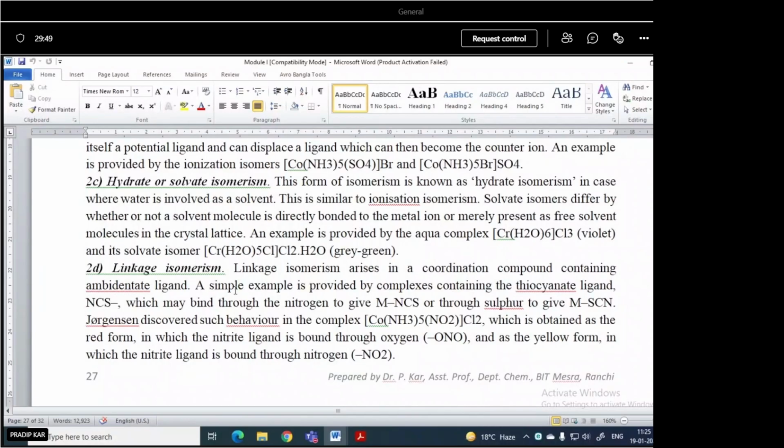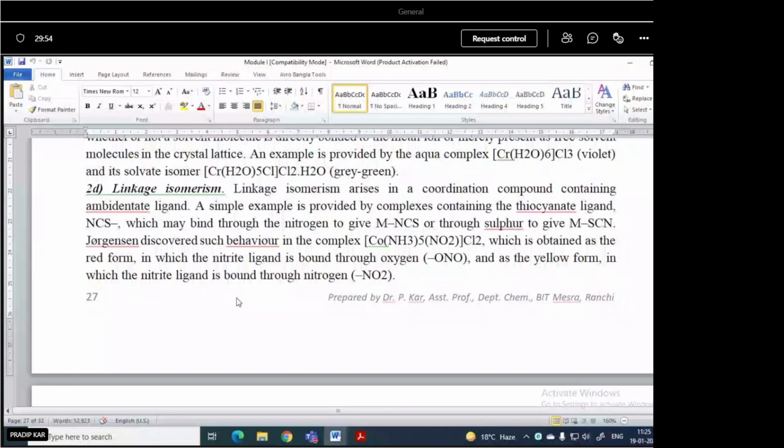Linkage isomerism occurs in case of ambidentate ligands. We have already defined what an ambidentate ligand is. In case of an ambidentate ligand, this type of isomerization is possible. Like the thiocyanate ligand, it may be present as M-NCS or M-SCN. Through S or N, the bonding is possible. This is known as linkage isomerism.